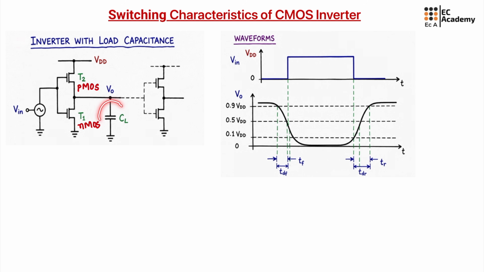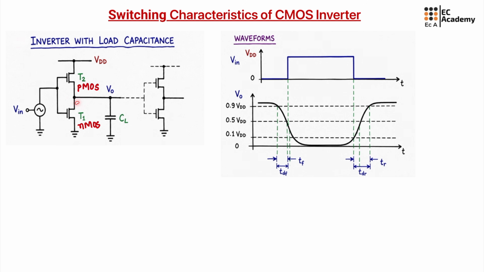Now we have a capacitor that is connected at the output. This capacitor is represented by CL, which is load capacitance. So what does this load capacitance represent? It represents the input capacitance to the next CMOS gate.